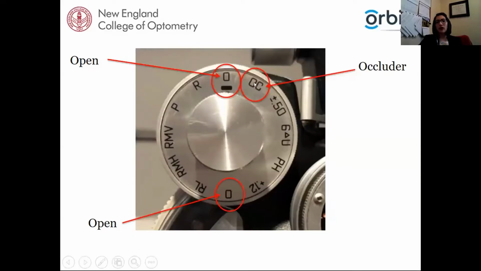When you have the OC in front of the ocular, it will be blacked out, and the patient won't be able to see through that lens. There are lots of other lenses in this auxiliary lens holder, but we're really only going to be focusing on open and closed for today's presentation.